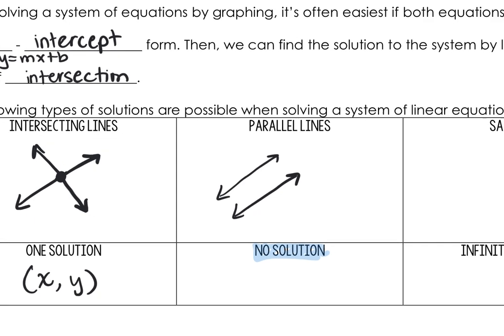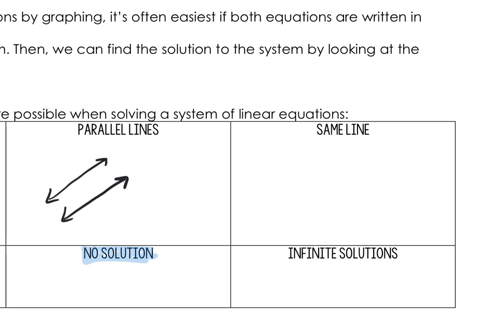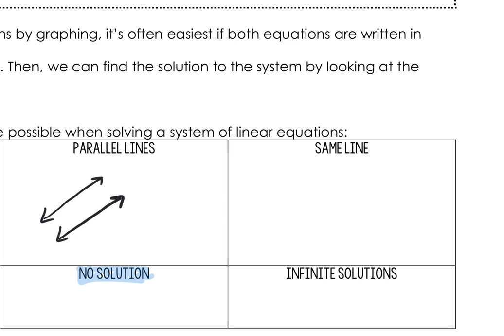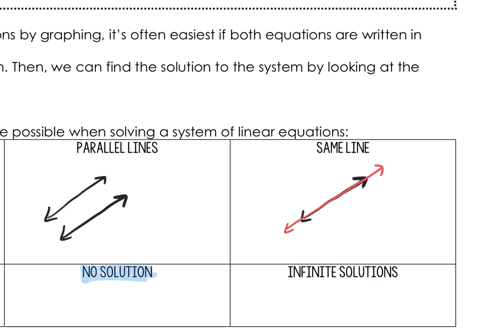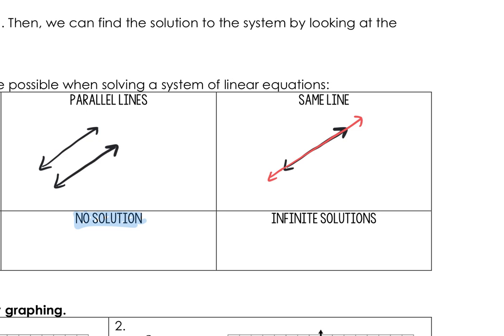All right? And then our last option is we could end up graphing our lines, and they're the same line. We've graphed one, we go to graph the other, and it basically sits right on top. If it's the same line, it intersects at every single point.